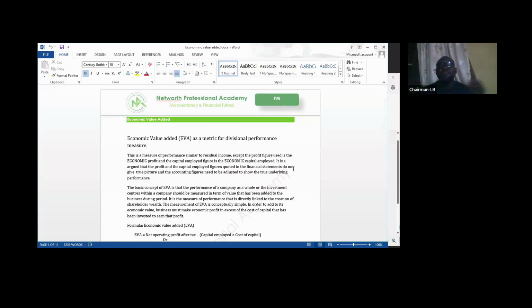Let's take that again. However, when calculating economic value added, we don't use accounting profits. We use economic profits. And we don't use accounting capital employed. We use economic capital employed.